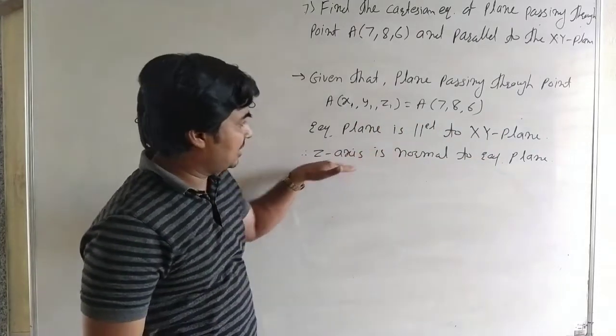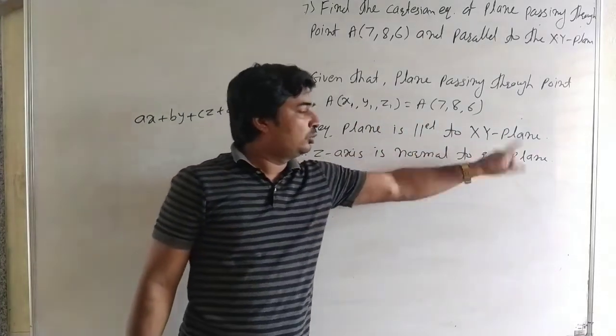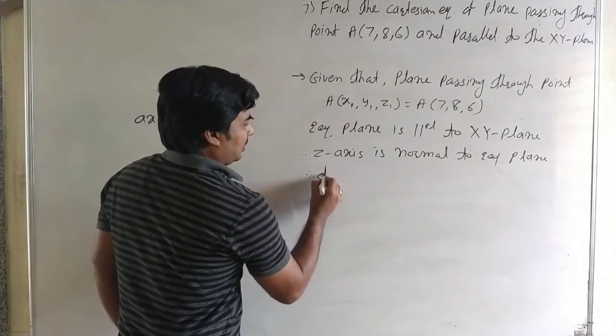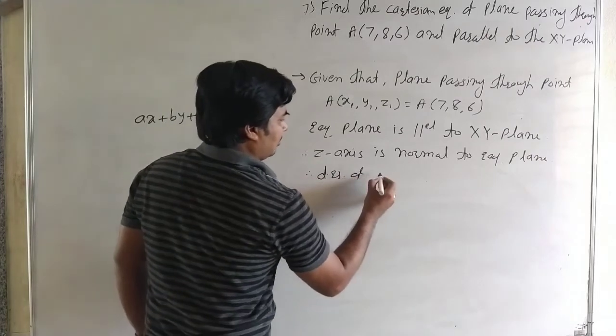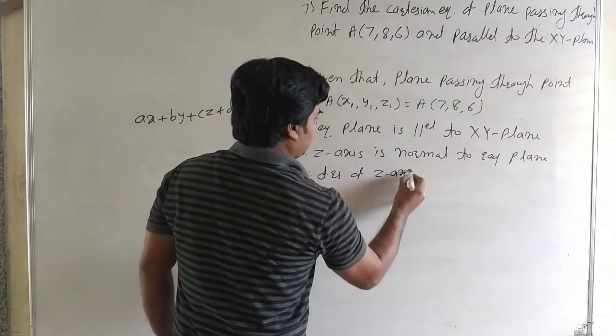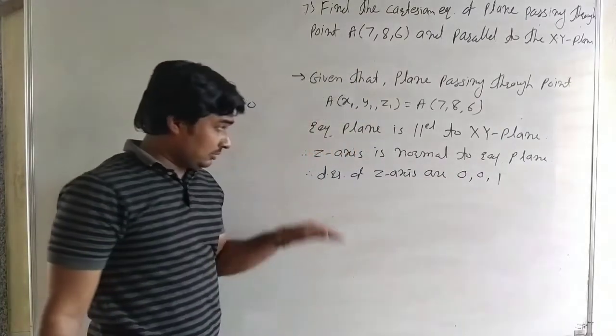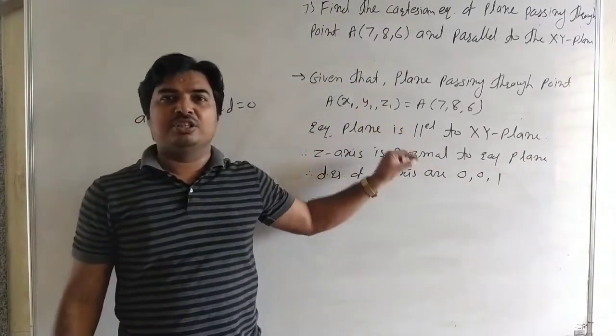The direction ratios of the z-axis are 0, 0, 1.